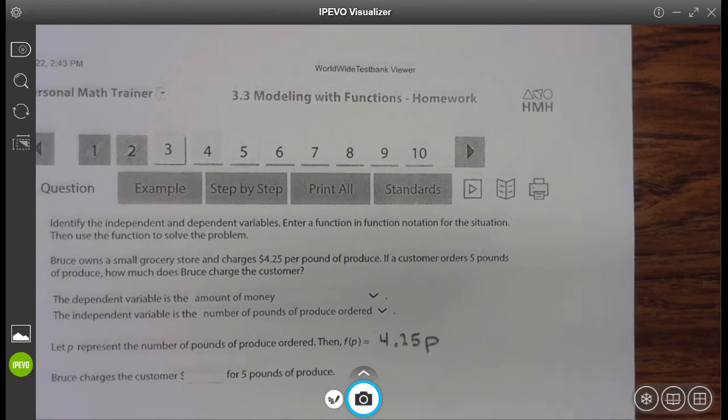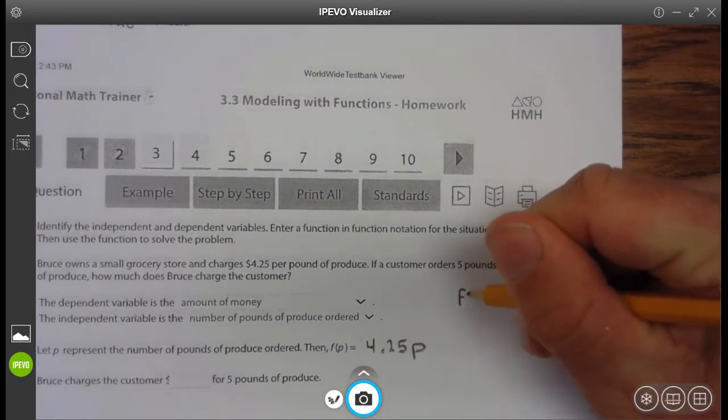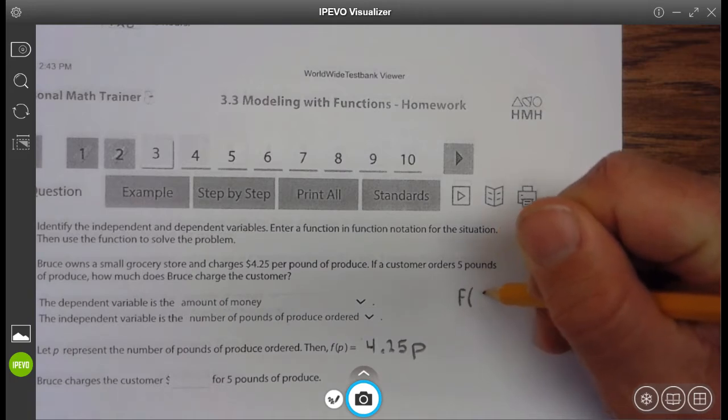So to find out how much Bruce charged the customer for 5 pounds, we have f of, it looks like it is, let me double check the number of pounds, 5.